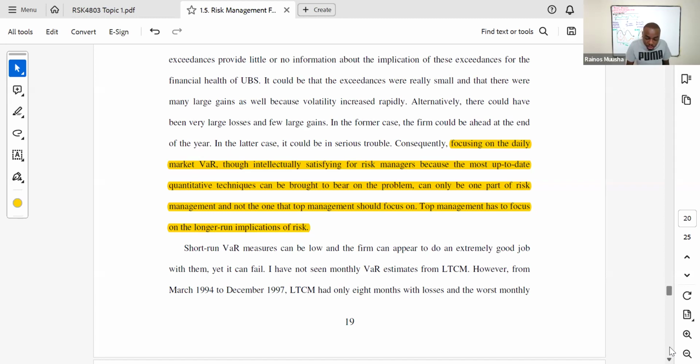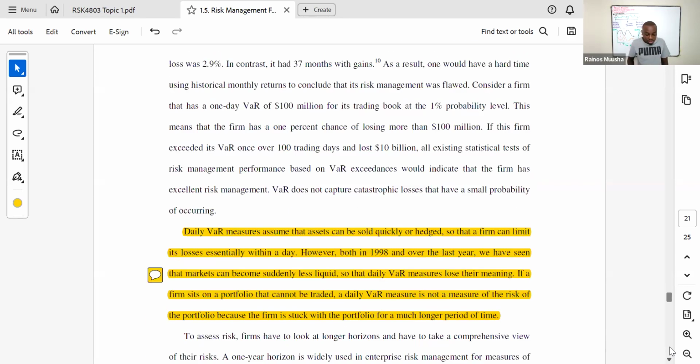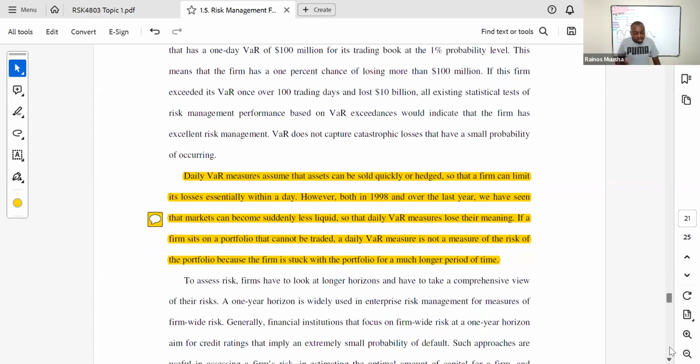So top management has to focus on the longer run implications of risk as well, which means that they should not focus on risk measurement and management from an operational perspective. They need to look at risk management and measurement from what?